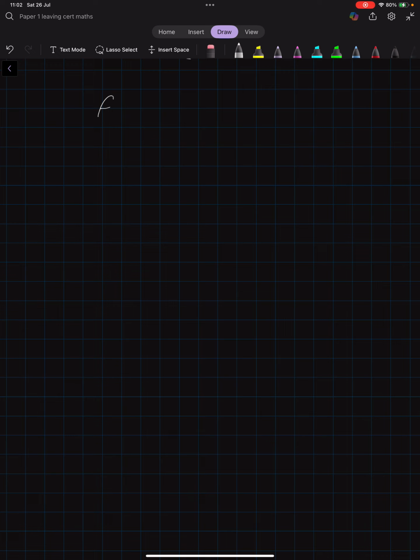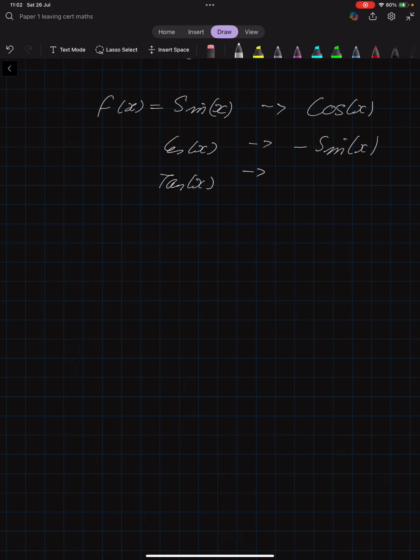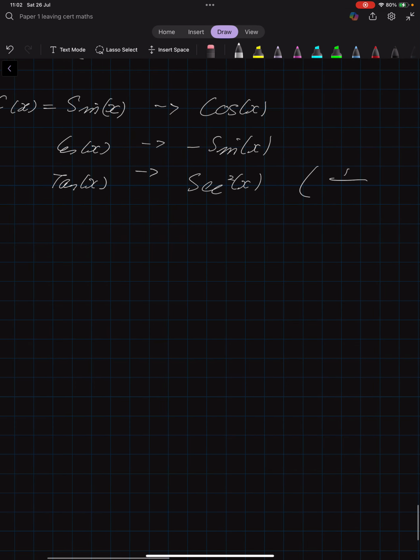If f of x equals sine x, cos x, or tan x, the derivative is equal to cos x, minus sine x, secant squared, which is simply 1 over cos squared x.